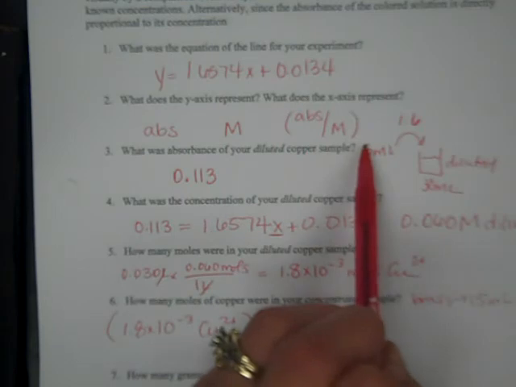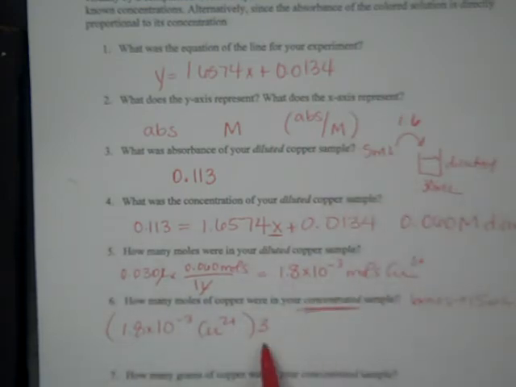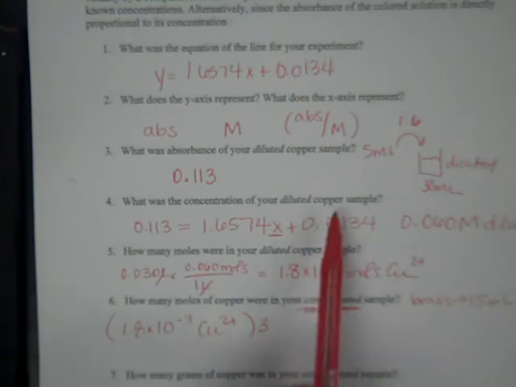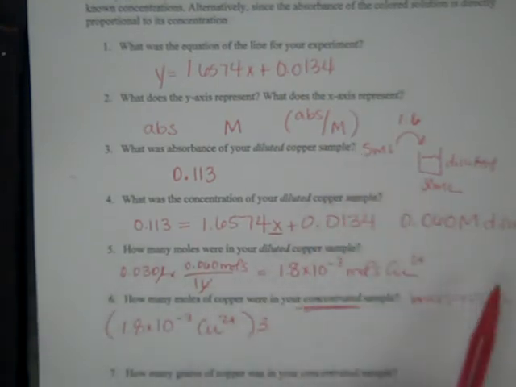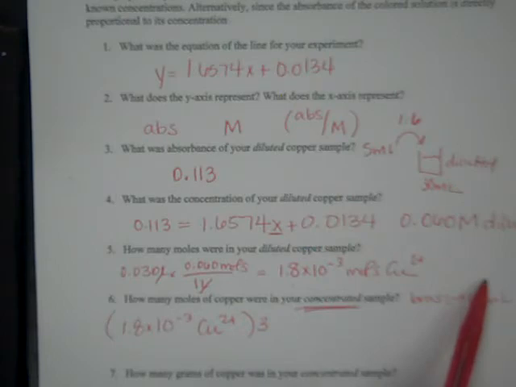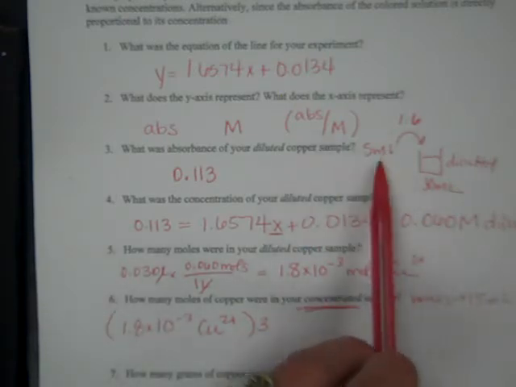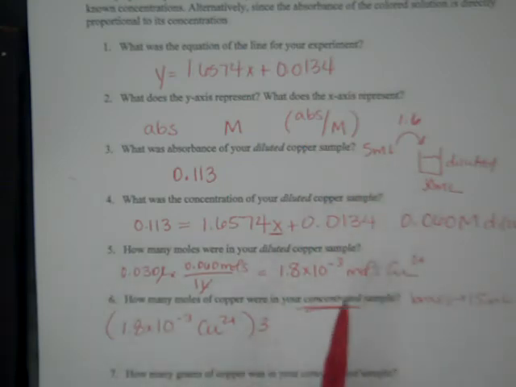Moles of copper in these 5 milliliters need to be multiplied by 3 because I only took out a third of your sample. You made a 15 milliliter solution. I only take out a third of it. So this only represents a third of your copper ions in that solution.